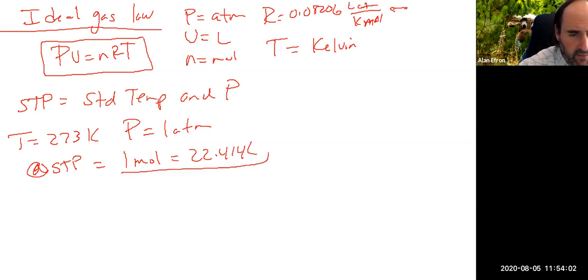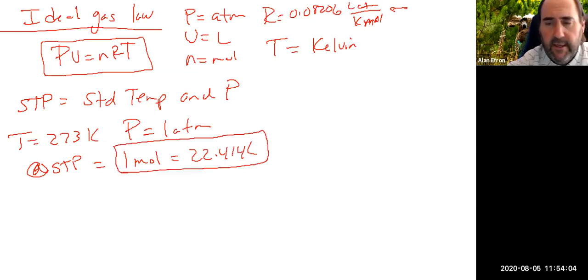So again, a reminder that this conversion is only for a specific set of conditions, which is our standard temperature and pressure. So if you're not at standard temperature and pressure, then you cannot use that. You do have to use the ideal gas law. You can use the ideal gas law in any situation, but you can only use that conversion for standard temperature and pressure.